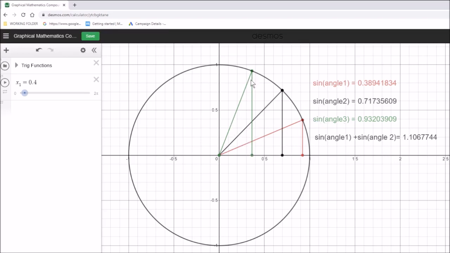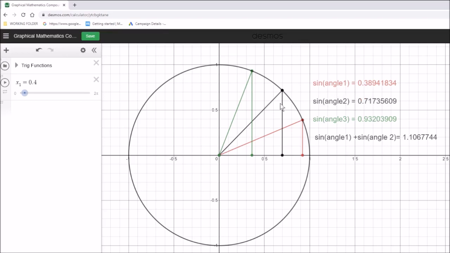But we've set it up so that angle 3 is equal to angle 2 plus angle 1. So when we add the red angle and the black angle, we get the green angle. Then we take the sine of angle 1, the sine of angle 2 and the sine of angle 3, and this gives us the values that we see.